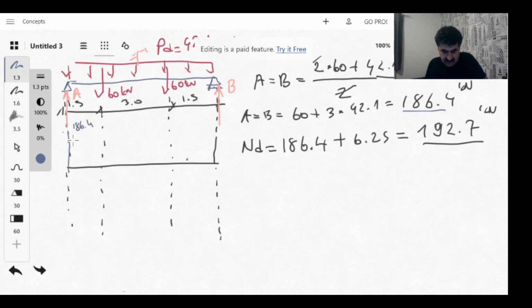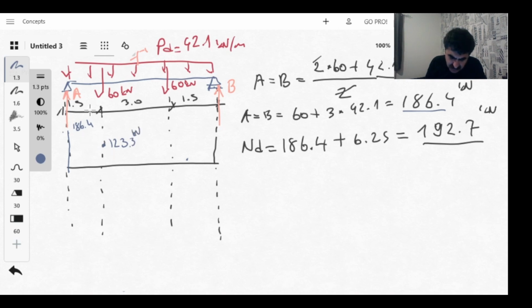Between this area we have a distributed load of 42 kilonewton. So if you multiply 42 by 1.5, and then 186 minus 42 multiplied by 1.5, we will get 123.3 kilonewton.